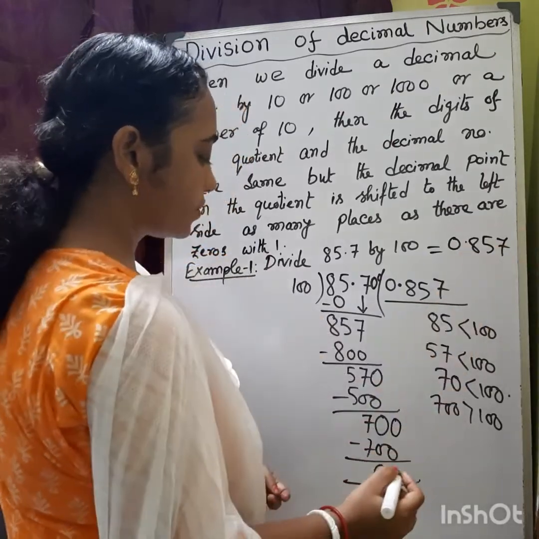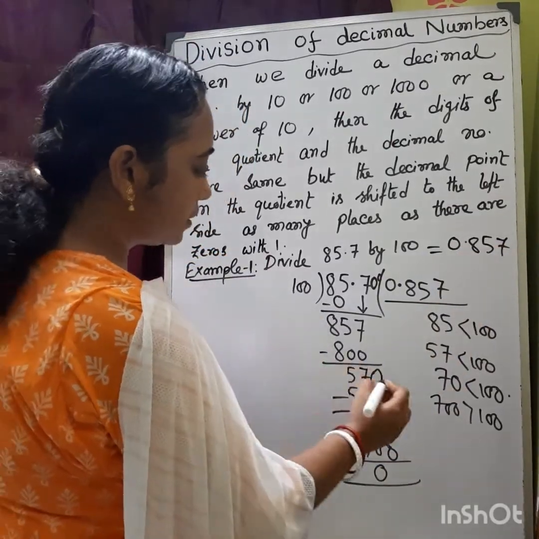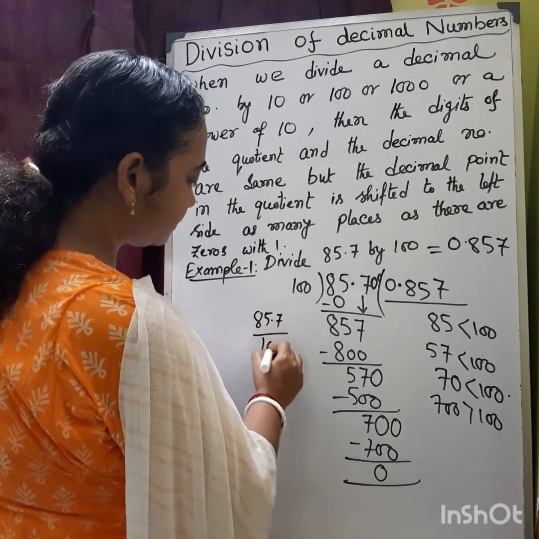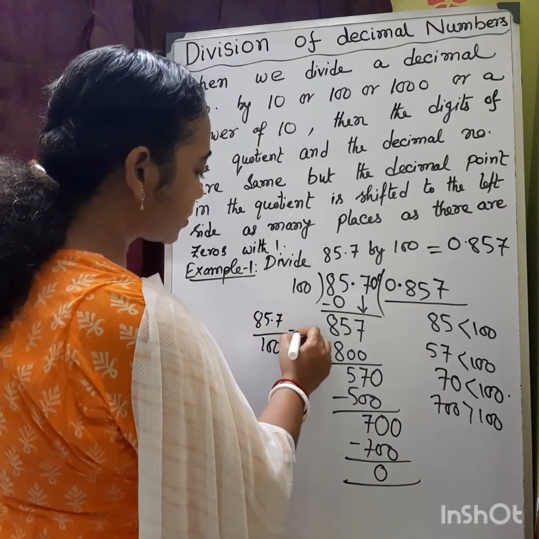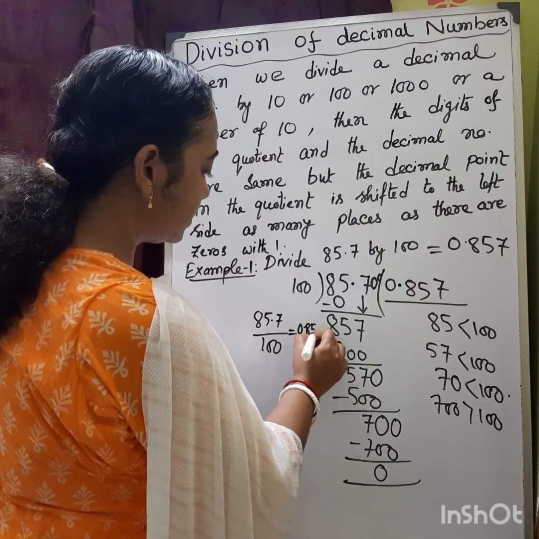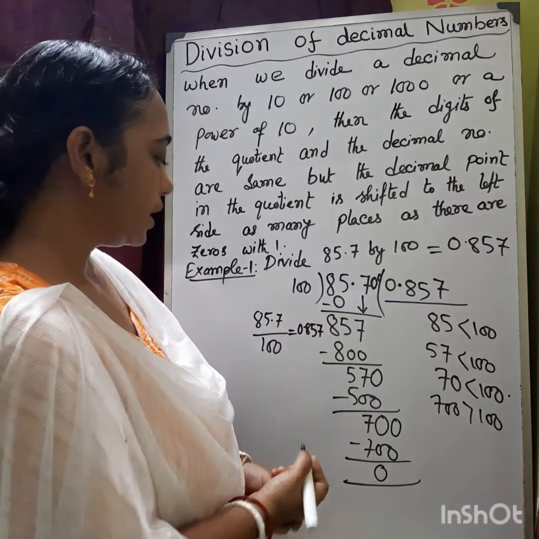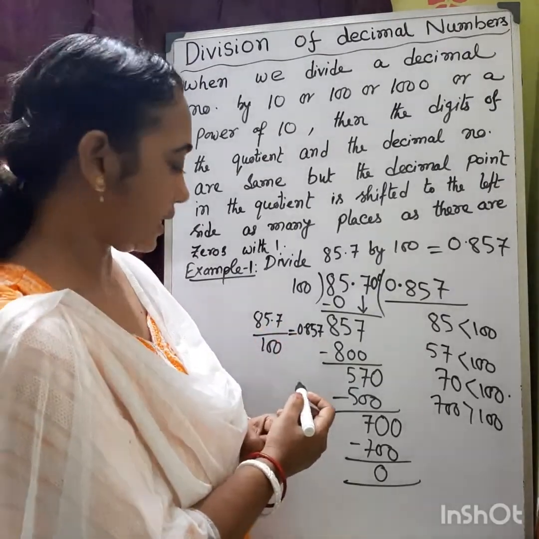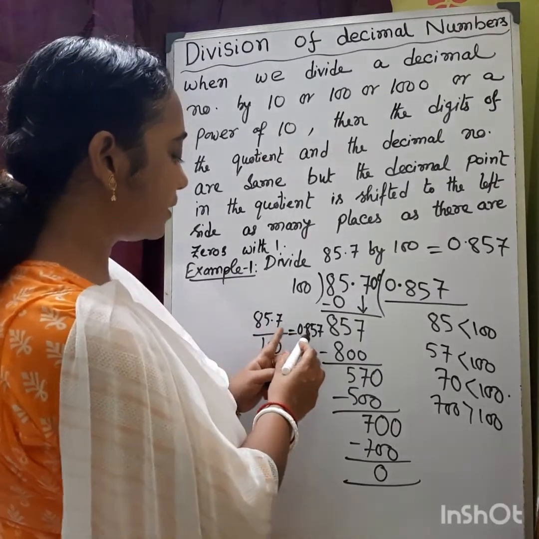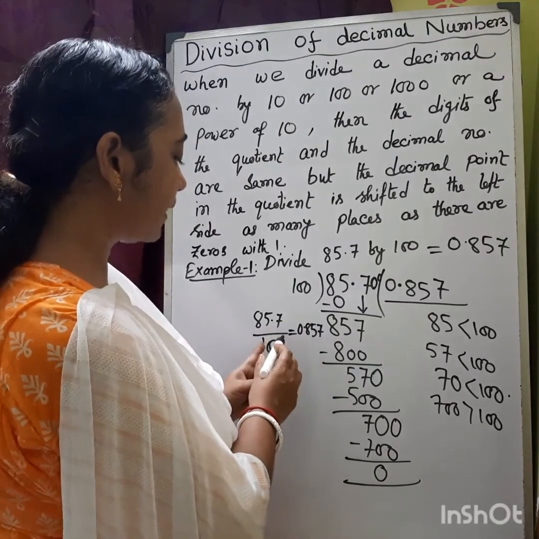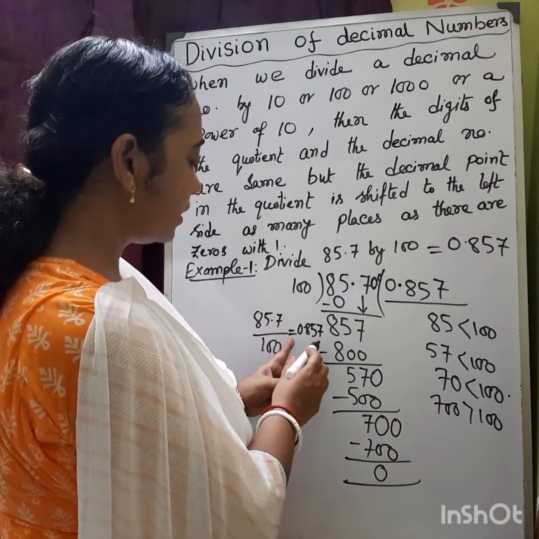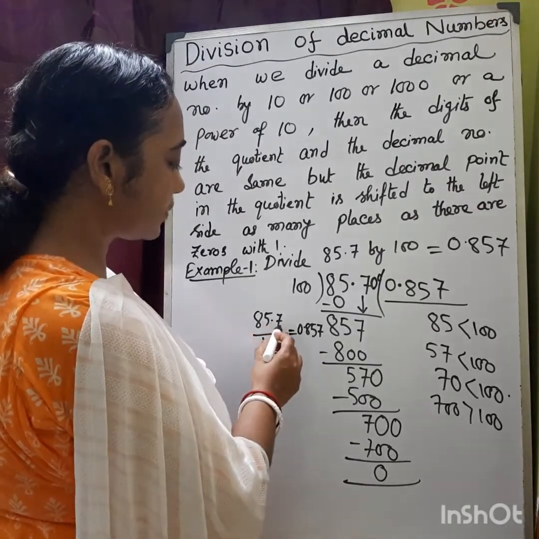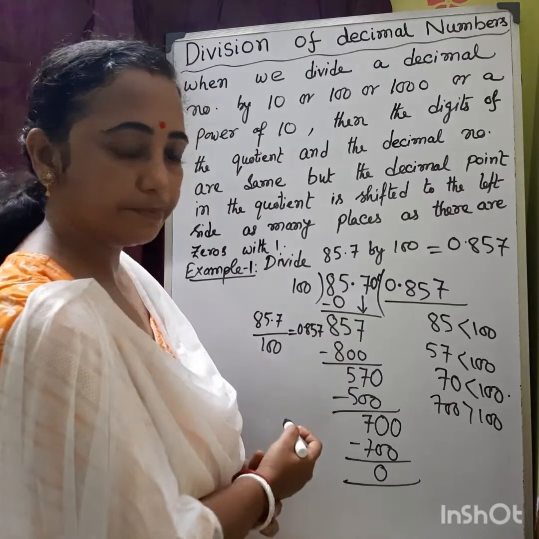So when we divide 85.7 by 100, we get the quotient 0.857. If we compare the dividend and the quotient in this case, we will find that the digits in the quotient are the same as in the dividend, that is 857, here also 857.